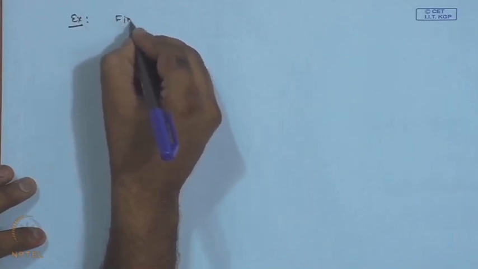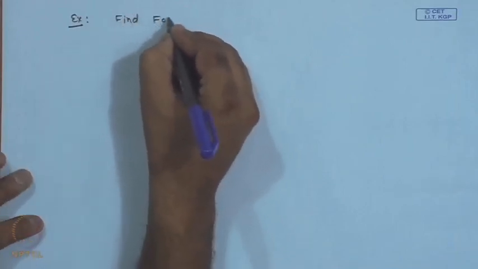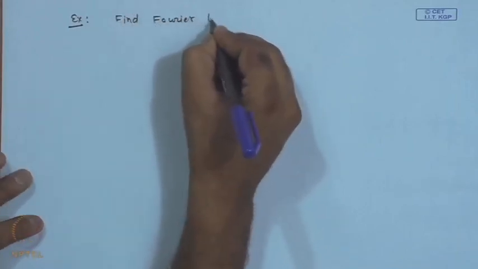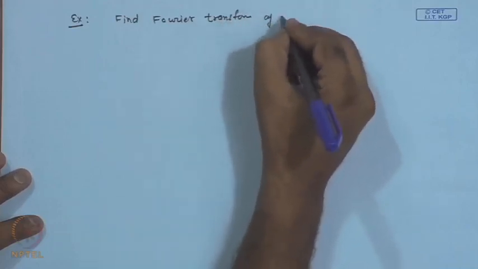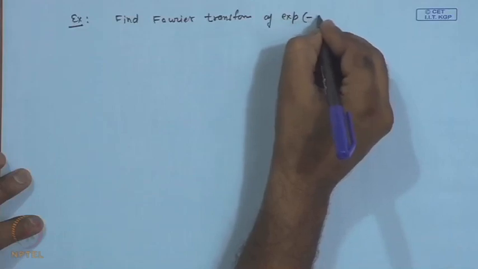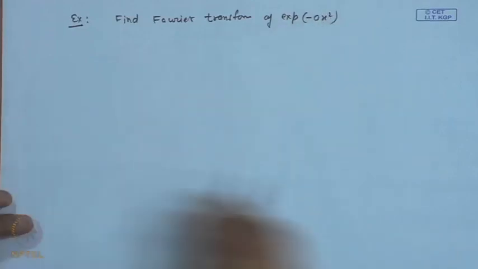So the example: find the Fourier transform of exponential of minus a x square.